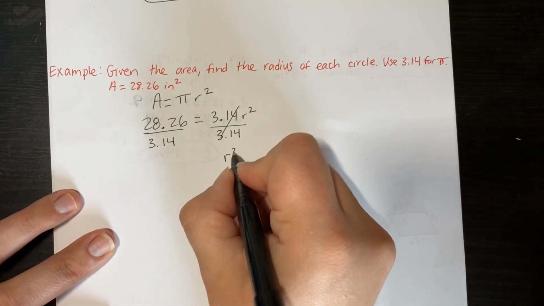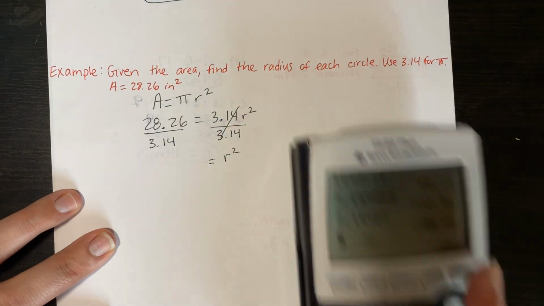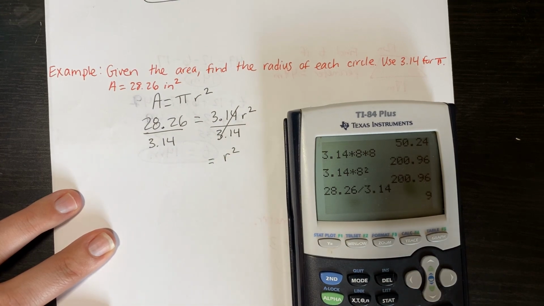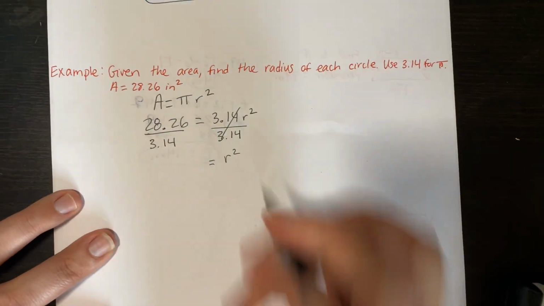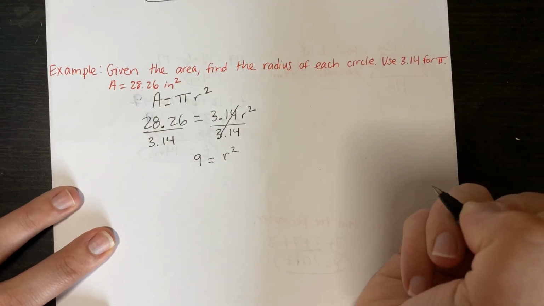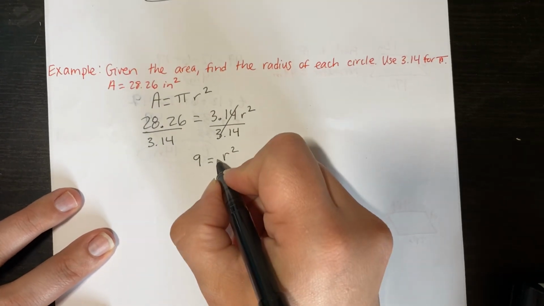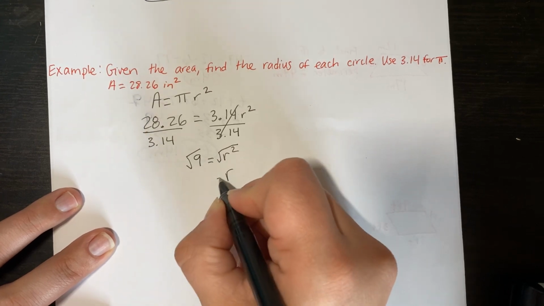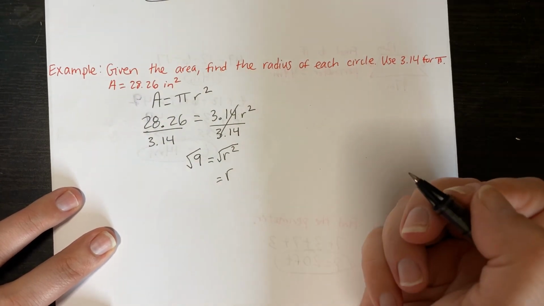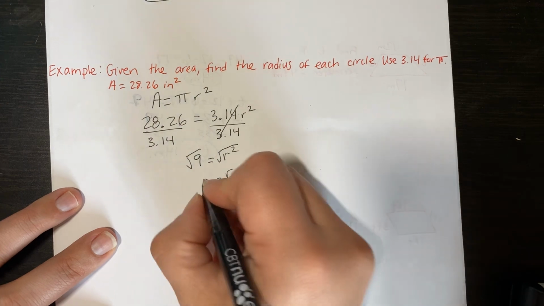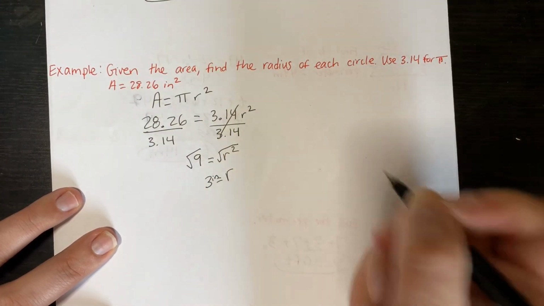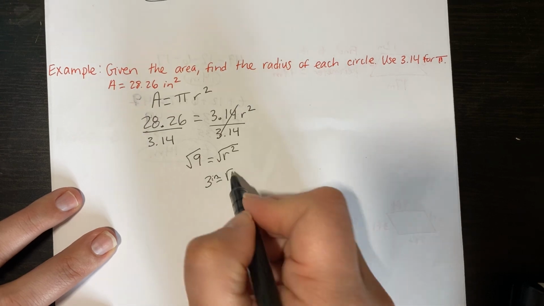We'll have r squared equals 9. Now we need to square root. So we're going to have r equals the square root of 9. So what times what equals 9? That's 3. And I didn't even leave myself room for my units. Inches.